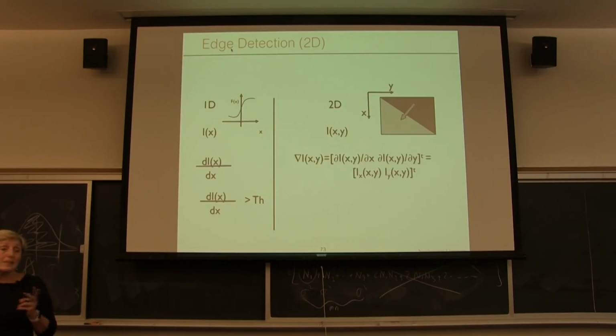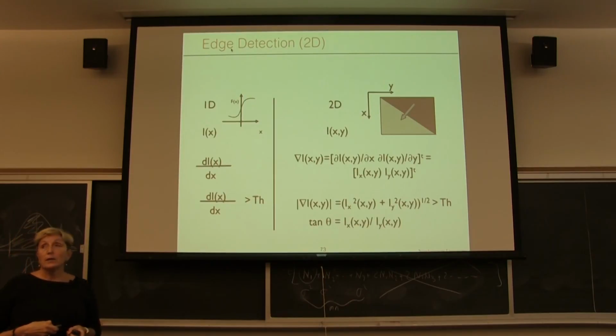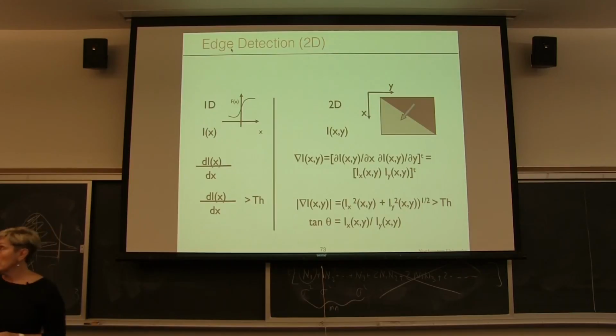Okay, but it's basically take the amount of jump in the direction of the gradient and threshold that. Okay, so this is the two norm. You were talking about the one norm. Either one is fine. Okay, and I can also find the orientation of the edge, right? And the edge, again, is perpendicular to the gradient vector. Okay, so if I know the orientation of the gradient vector, then I know the orientation of the edge, which is rotated 90 degrees. Okay.